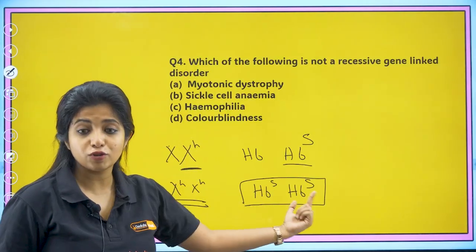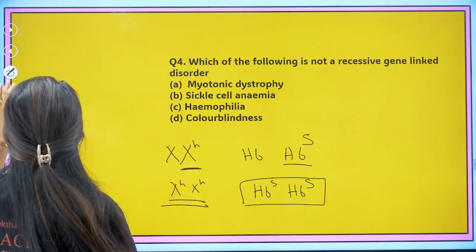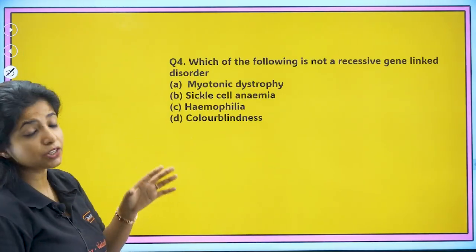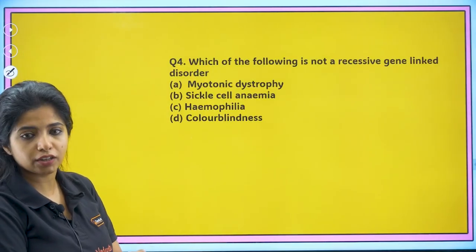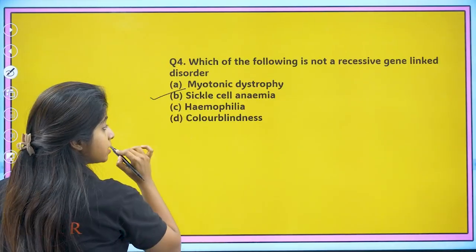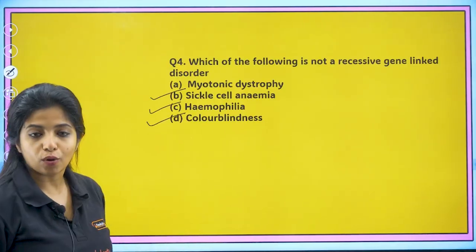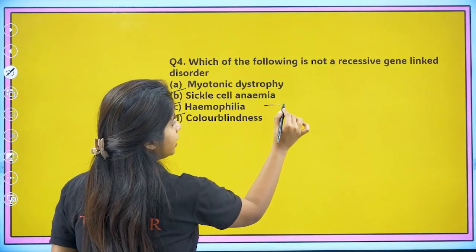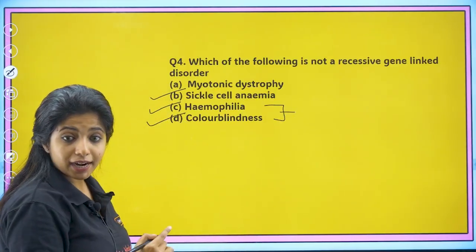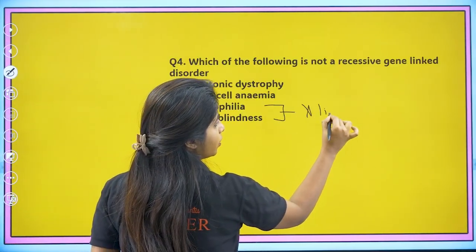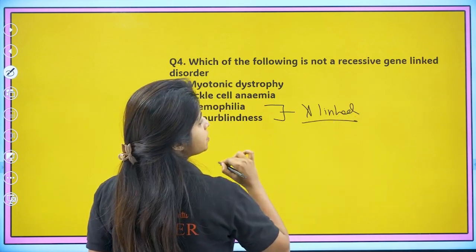It should be a homozygous condition. So my dear children, over here you are being asked which is not a recessive gene linked disorder. Sickle cell anemia is a recessive gene linked disorder, hemophilia is also, and color blindness is also one such thing. Hemophilia and color blindness, as we have already studied, are X linked recessive disorders. They are sex linked recessive disorders.